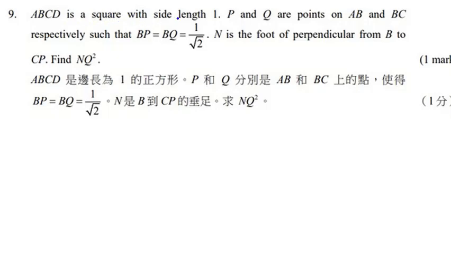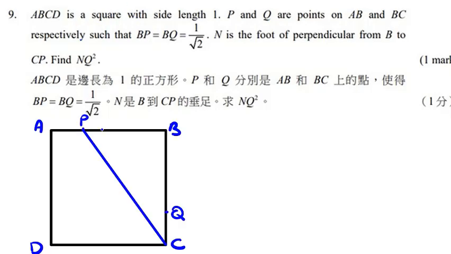ABCD is a square with side length 1. P and Q are points, so let me draw it. ABCD is a square with side length 1, so this is 1 and this is also 1.